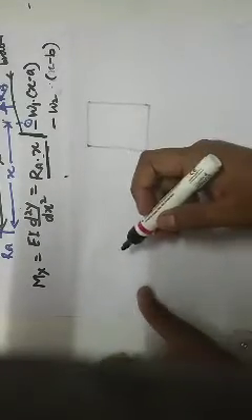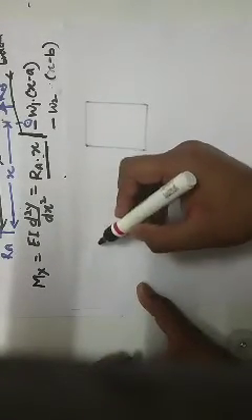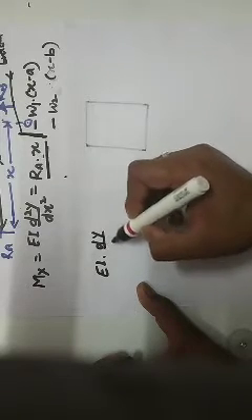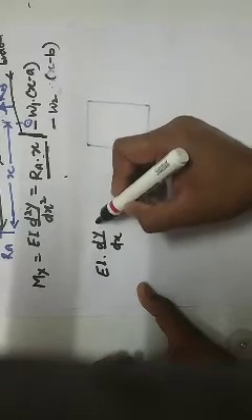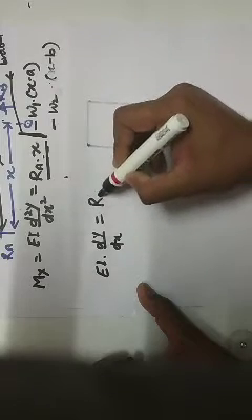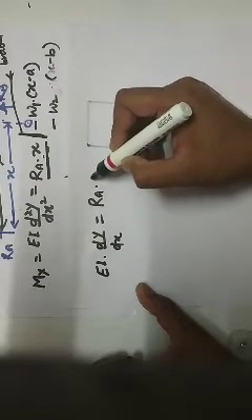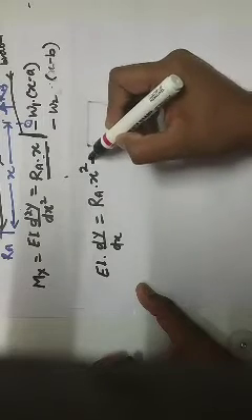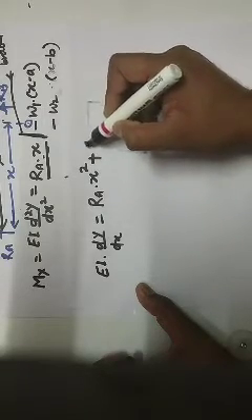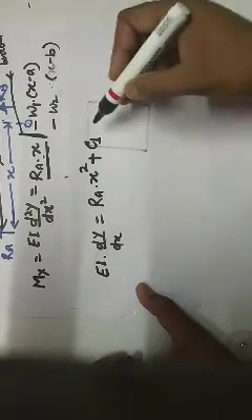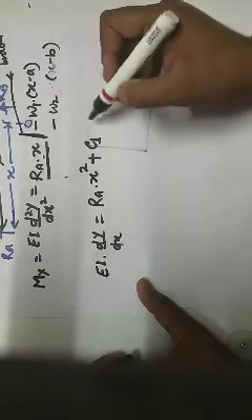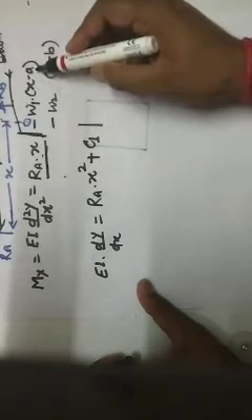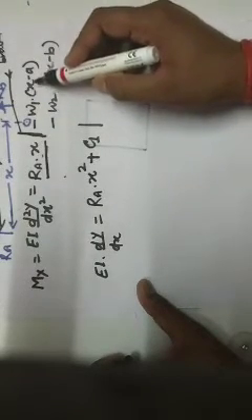Say, integrate this term, then the value will be EI dy by dx equal to Ra into x square by 2 plus a constant of integration, which will be C1, right? And again here will be the Macaulay bracket, and this whole term will be integrated, right?